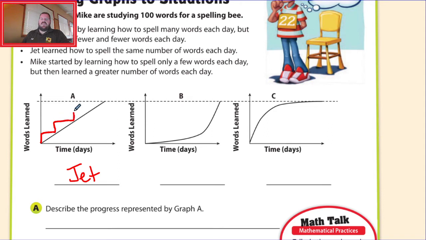We see kind of a stair step of a linear function there. That one was probably the easy one because it was the only one that was straight. What about these other two? Let's focus on Grace's description. It says that she started by learning how to spell many words each day, but then learned fewer and fewer each day.